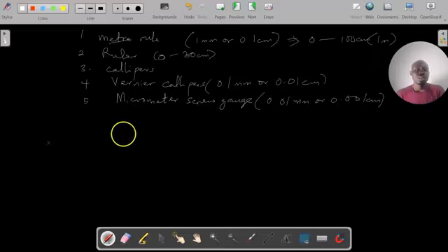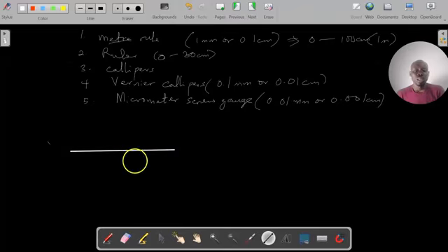Now the next thing to look at is how do you determine the measurement of vernier calipers and micrometer screw gauge? Let's say you are given this as your vernier calipers. Right. Now, this looks like a typical vernier calipers.